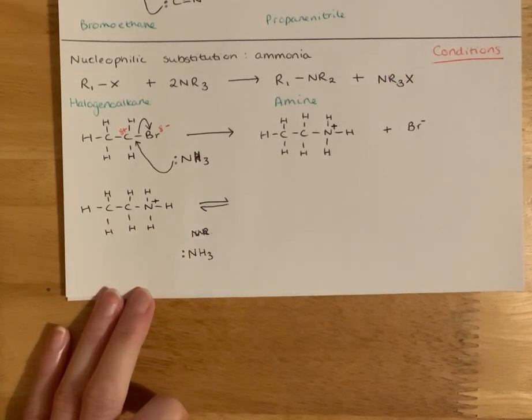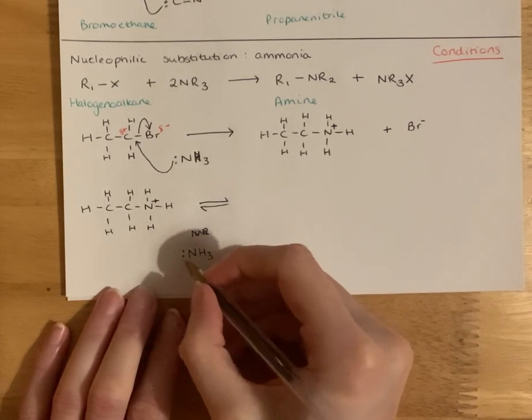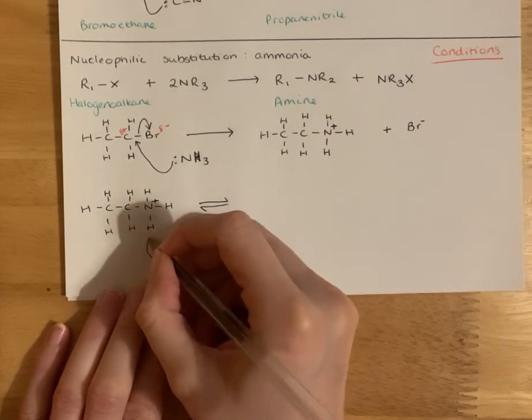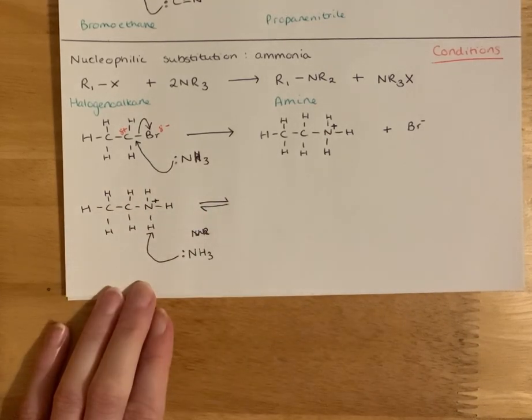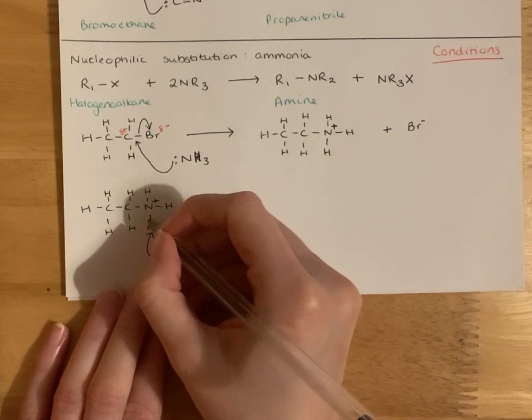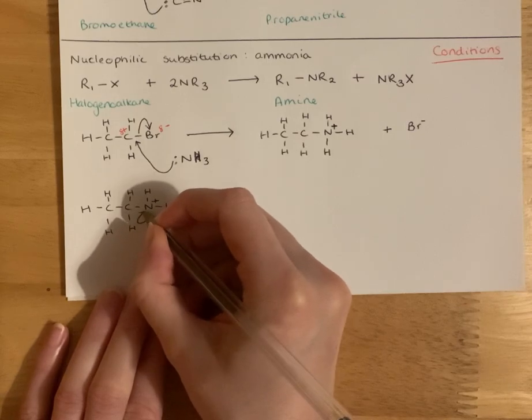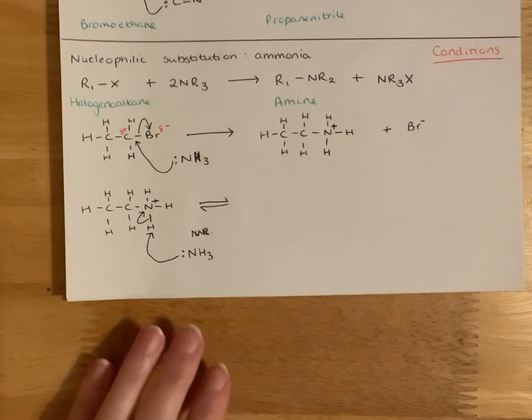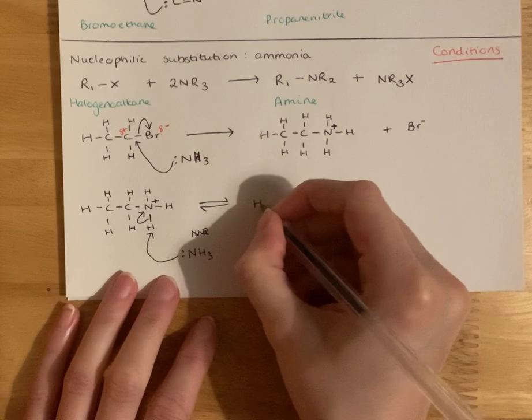Again, that's got a lone pair. This is now going to act as a base, and it's going to steal one of these hydrogen atoms, and then the electrons from this bond here are going to go to the nitrogen, and they're going to cancel that positive charge.